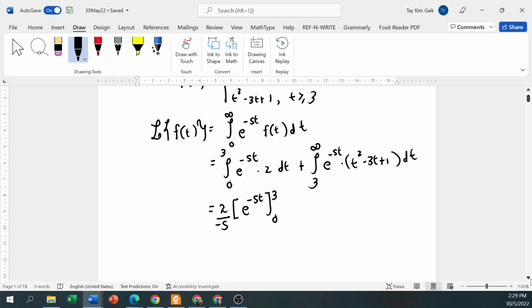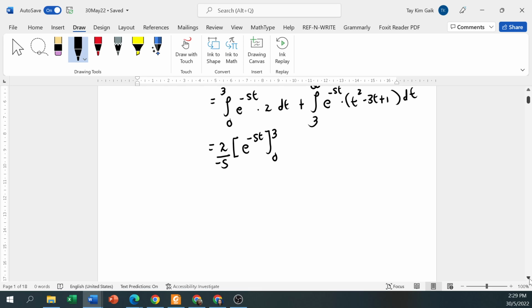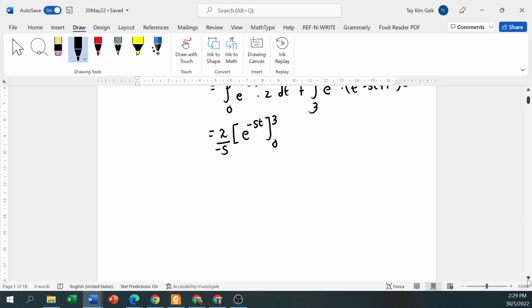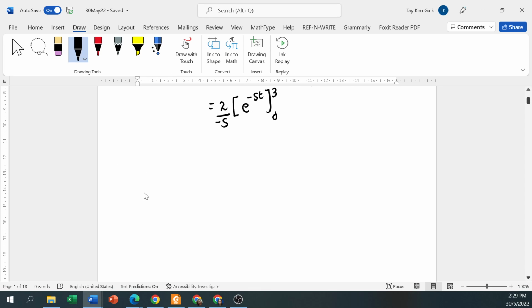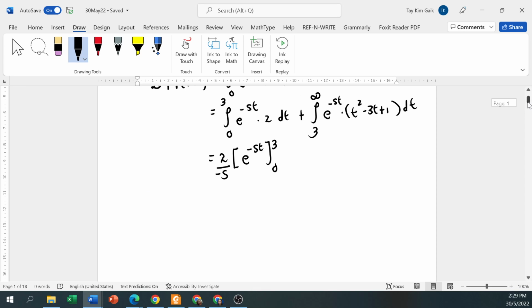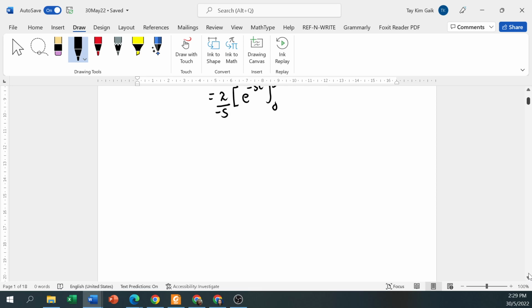So you need to use, we prefer to use, a tabular method. You can do it somewhere on another piece of paper, or at the bottom. If you have the product form with a polynomial, always choose u as the polynomial.